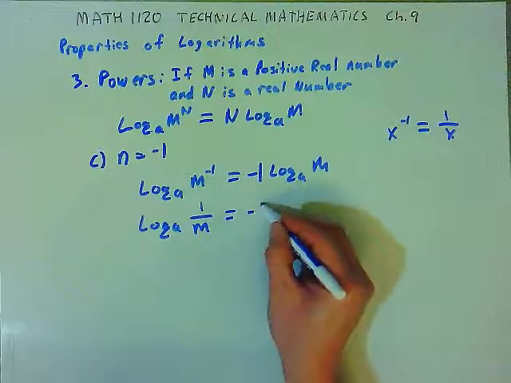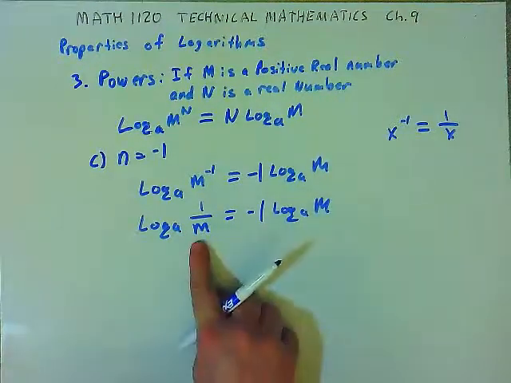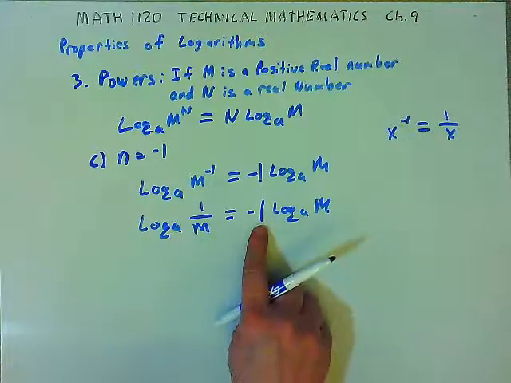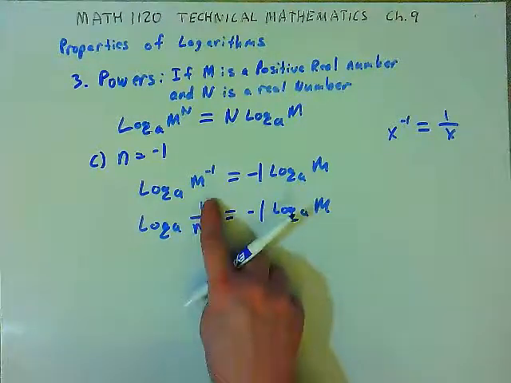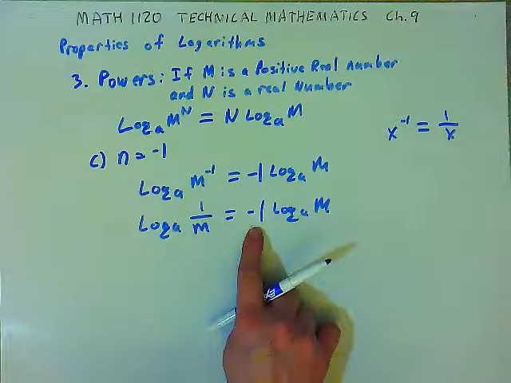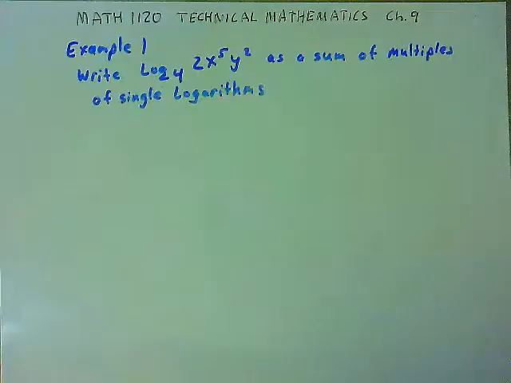And so that means that these are equal. Anytime we take the logarithm of a fraction, we can bring out a negative 1 as a multiplier and take the reciprocal of that fraction. So 1 over m becomes m, and we have to bring a negative 1 out front, and these will be equivalent. This is the third special case of the powers property.